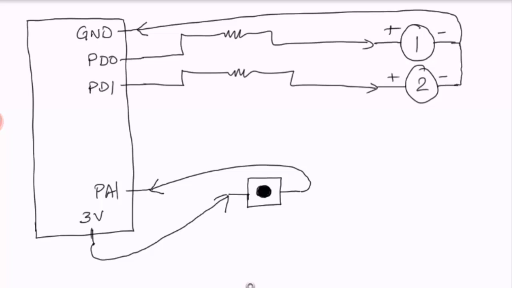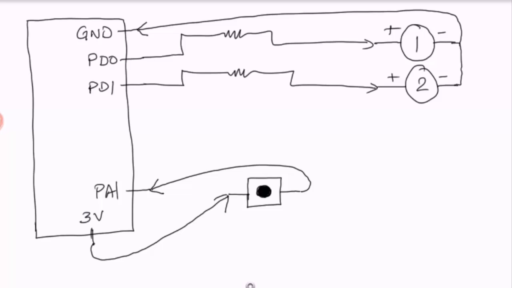Now in this tutorial we will work with interrupt priorities. To work with interrupt priorities we need two interrupts. Right now only one interrupt can occur because of this switch. So to have two interrupts we need one more switch, and for this we need one more LED also.